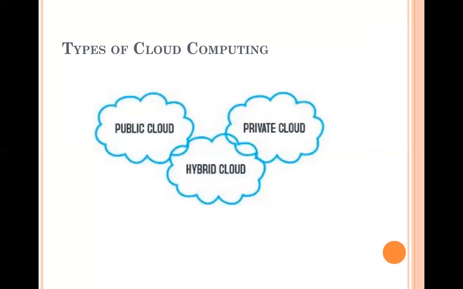So private cloud uses firewalls and internal hosting for providing security. HP data center is one example of private cloud. Ubuntu is also an example of private cloud. So we can say that private cloud is a highly secure cloud.